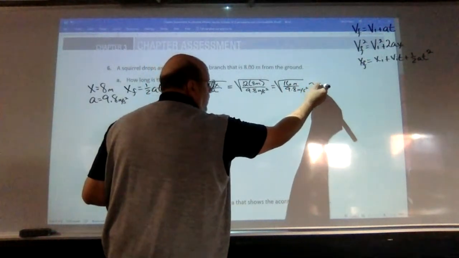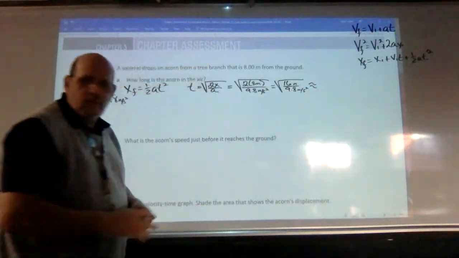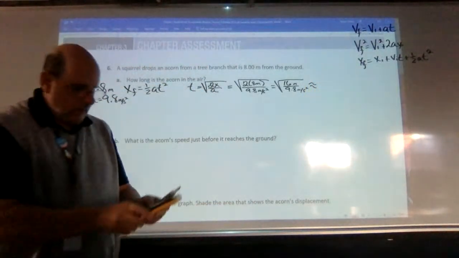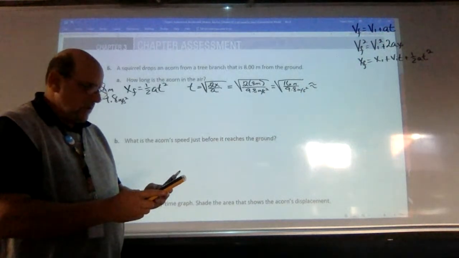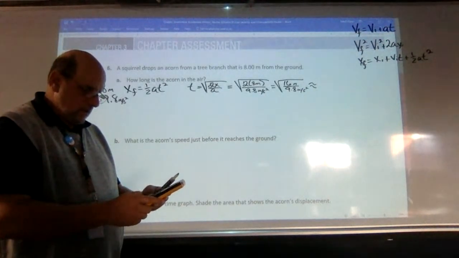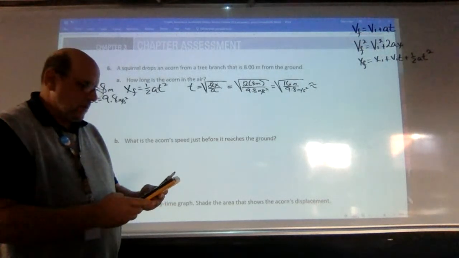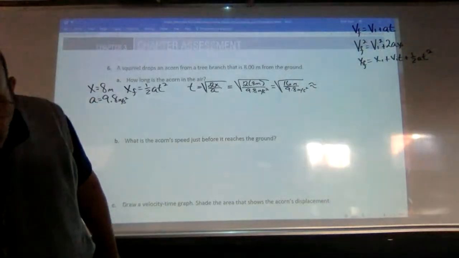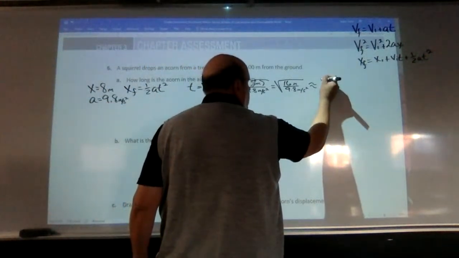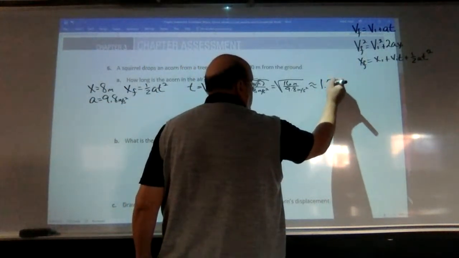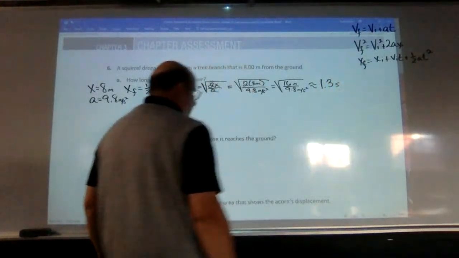And it's just something a little bit more than 1, obviously. But let me go ahead and do it. The square root of that gives me just about 1.3 seconds. 1.277, so I'm going to round it to 1.3 seconds.